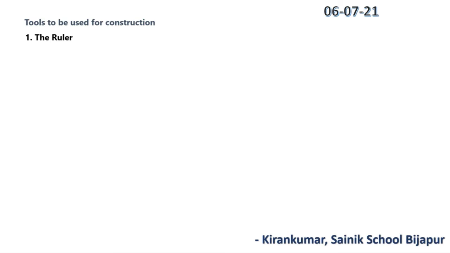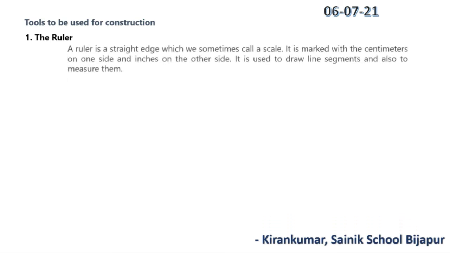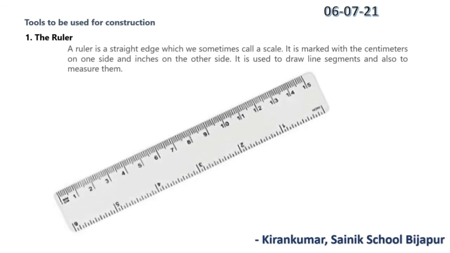It is marked with centimeters on one side and inches on the other side. It is used to draw line segments and also to measure them. Look at this ruler. These are given in terms of centimeter and these are given in terms of inch.